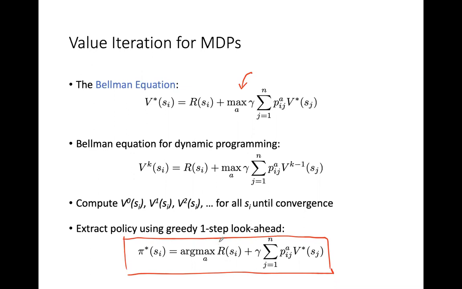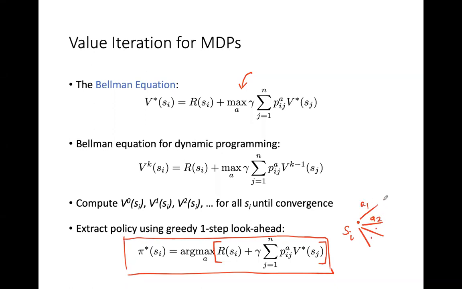This is simply saying that at any state, when my agent wants to decide what action to take, here's what the agent is going to do. If I find myself in some state S_i, and my agent is trying to figure out what action it should pick, it is going to consider all its choices, A1, A2, and so on.